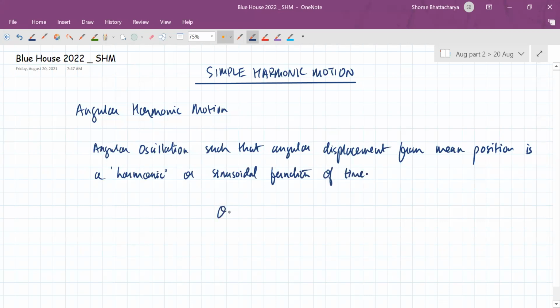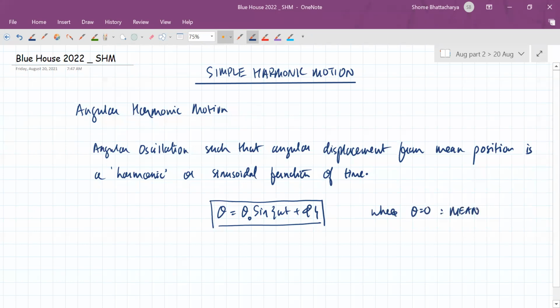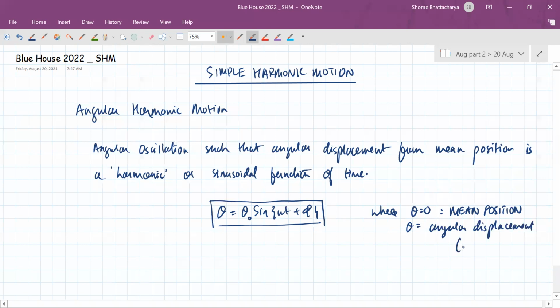So the displacement is in radians, as is the amplitude.